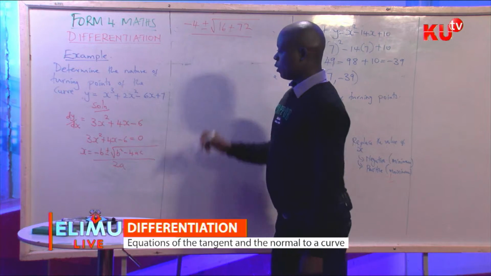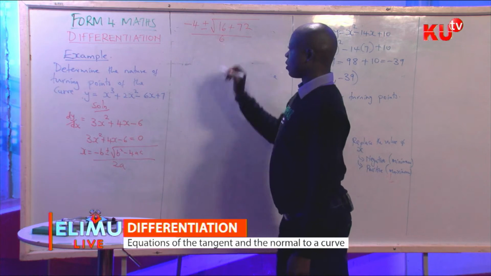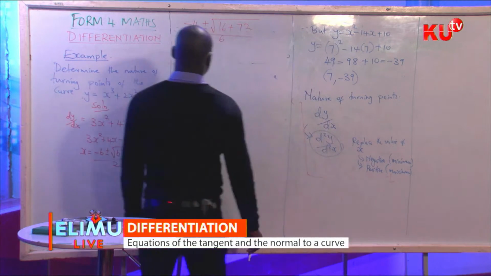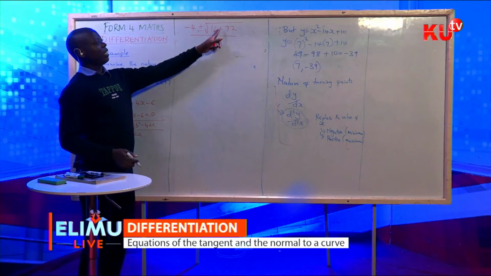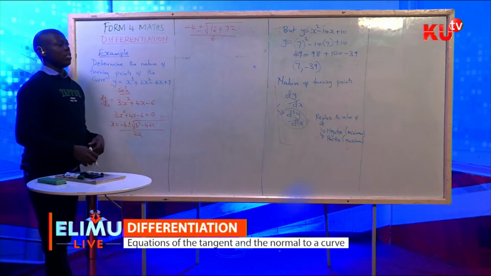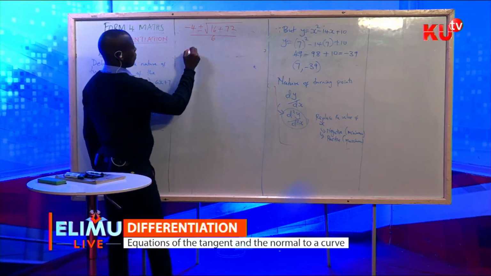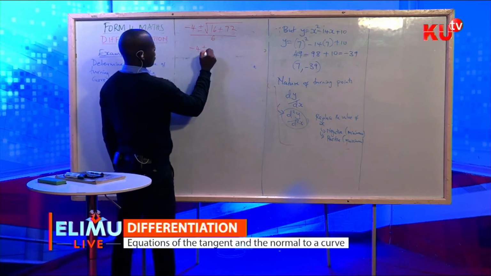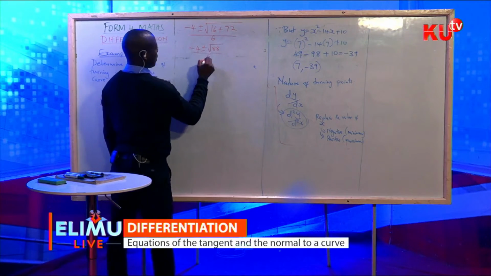Over 2a, that is 2 times 3, 6. 16 plus 72 gives us 88. So we have negative 4 plus or minus the square root of 88 over 6.